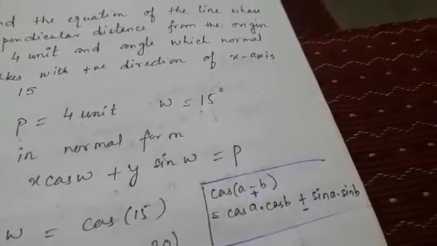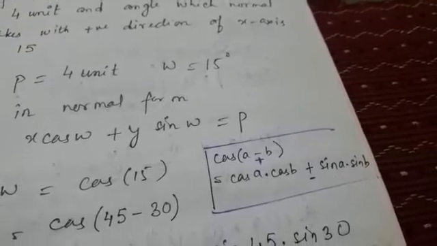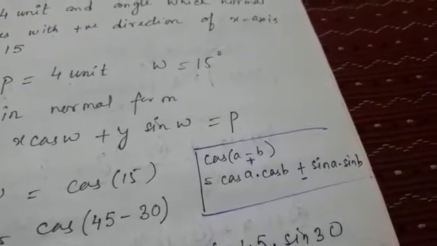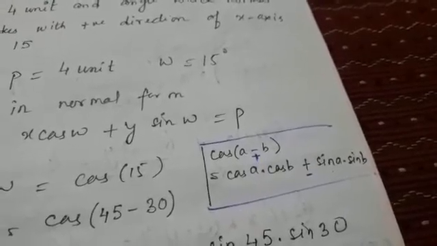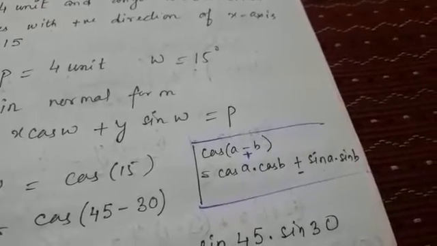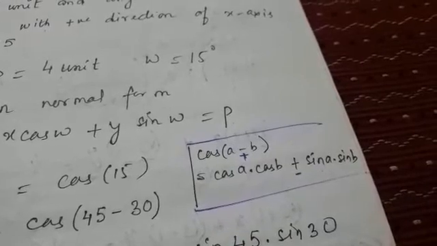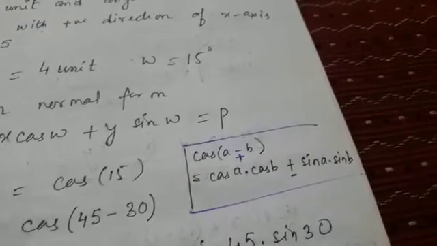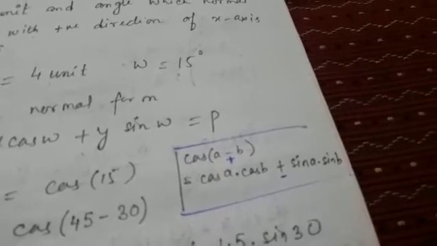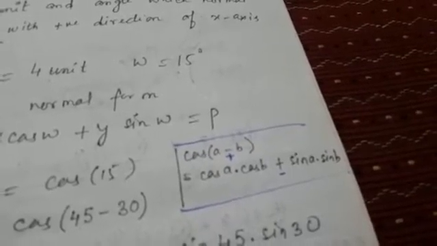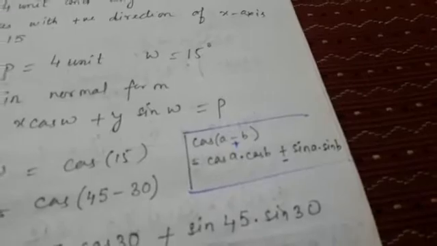The formulas are from class 11 trigonometry, the chapter called compound angle. You will read this chapter in class 11 only, and we are going to use these formulas in this sum. So note down the formulas first before starting the sum.